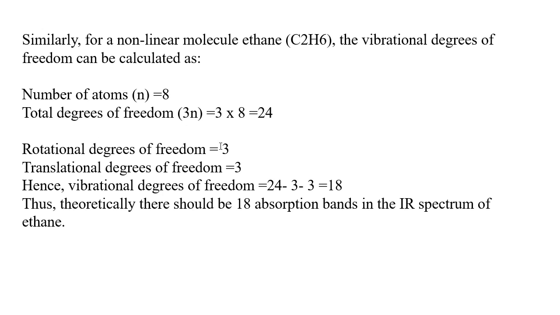Rotational degrees of freedom, being a non-linear molecule, will be 3. Translational degrees of freedom also 3. Therefore, vibrational degrees of freedom will be 24 minus 3 minus 3, that is equal to 18. Thus, theoretically, there should be 18 absorption bands in the IR spectrum of ethane.